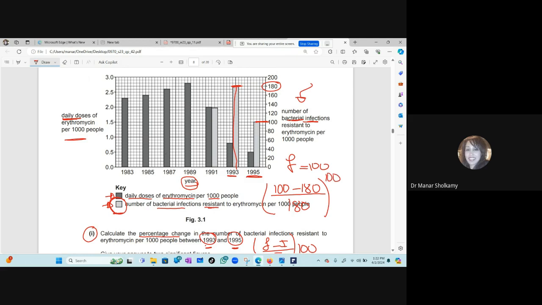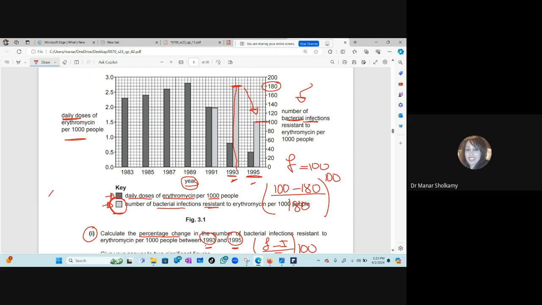Now the answer we will receive will be negative or positive? Negative. And it's logical because the values did decrease from 1993 to 1995. Don't be scared when you get a negative answer. 100 minus 180 equals minus 80, divided by 180, times 100.